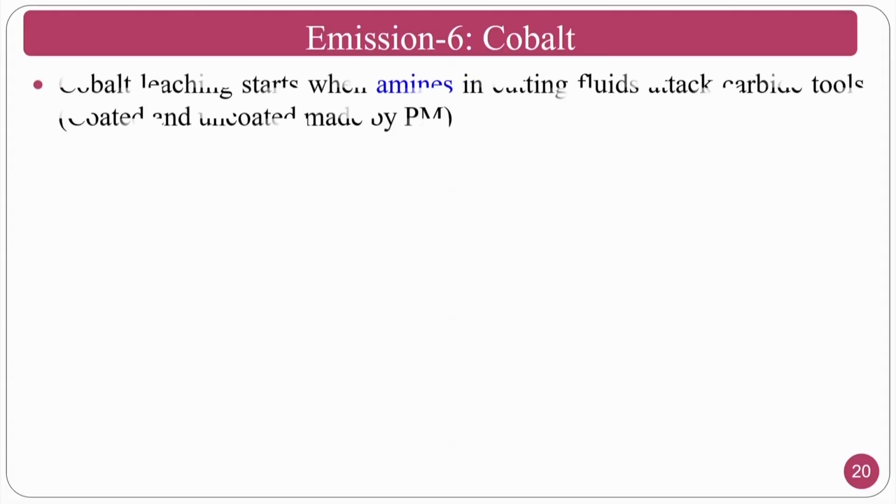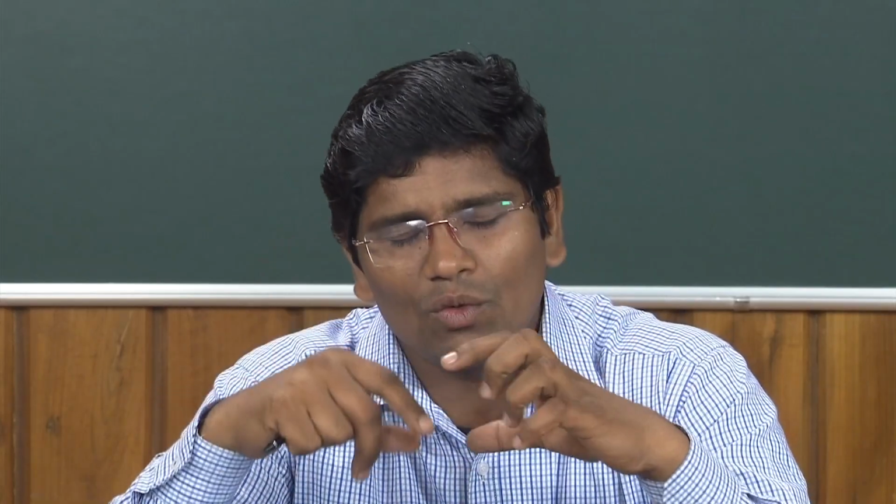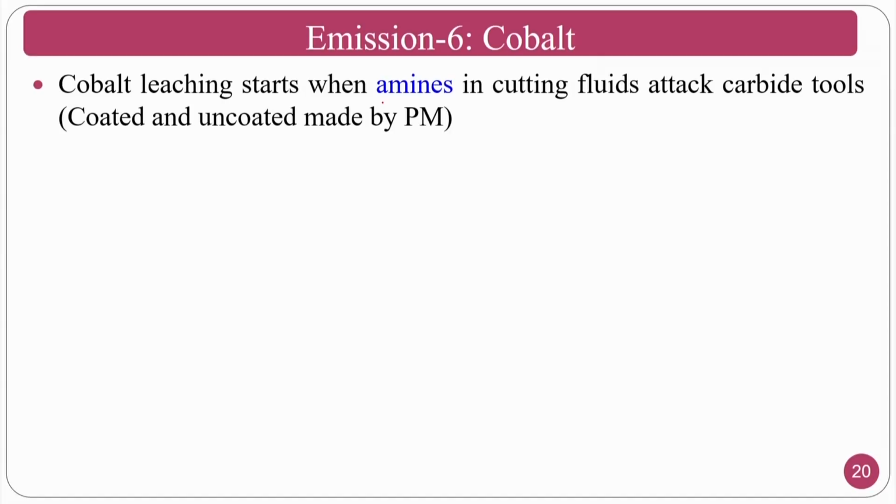The cobalt, as I said, is in a single point cutting tool that you will use, that is, tungsten carbide tools, where tungsten will be there and cobalt will be there. In a tool and cutter grinder, as far as the abrasive process is concerned, when you are using the grinding wheel, and the amines of the cutting fluid attack the tungsten carbide workpieces where you are grinding to provide certain angles, cobalt leaching will take place.